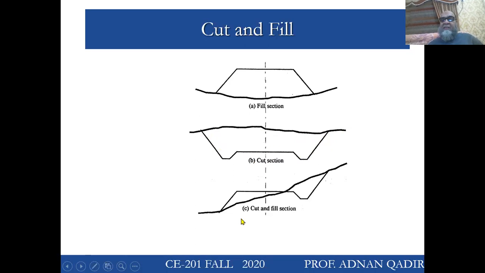And for fill section, I mean that all this structure has to be built over the ground. For cut and fill, you have to fill something and cut something. At this point, on the left, you have to fill, and here you have to cut. So we call this a cut and fill section.